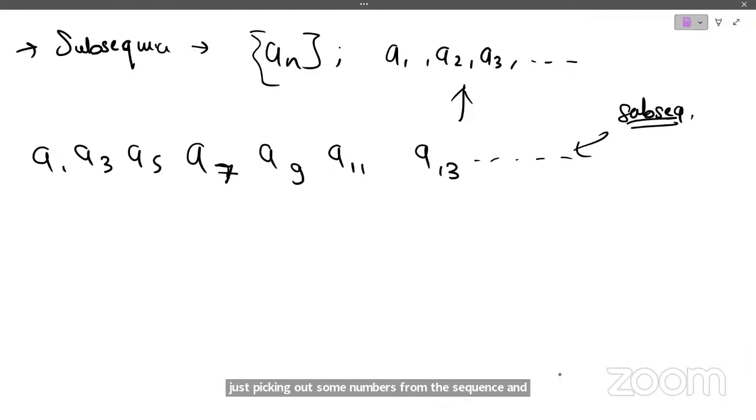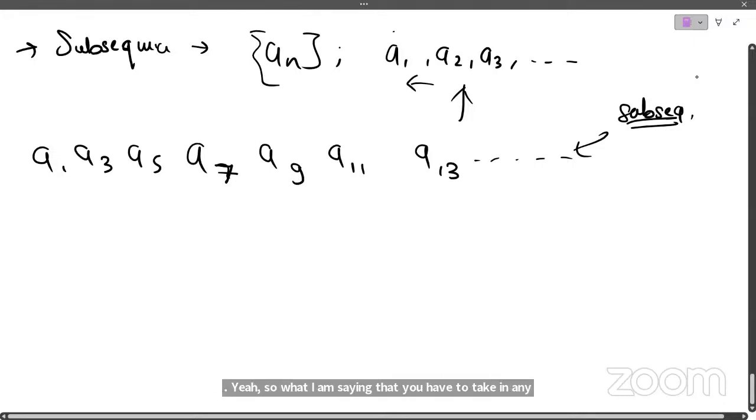Now the fact is that it need not always be in order. You can take any choices you want, but you have to go forward, you won't be able to come back.